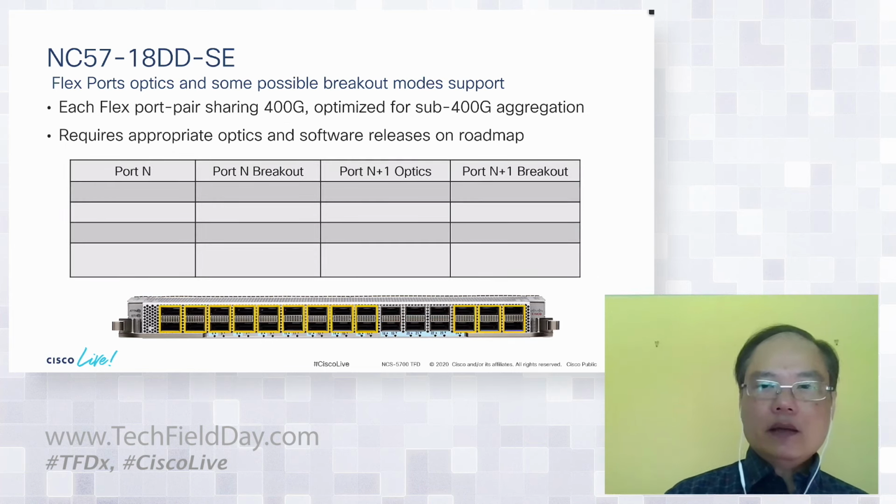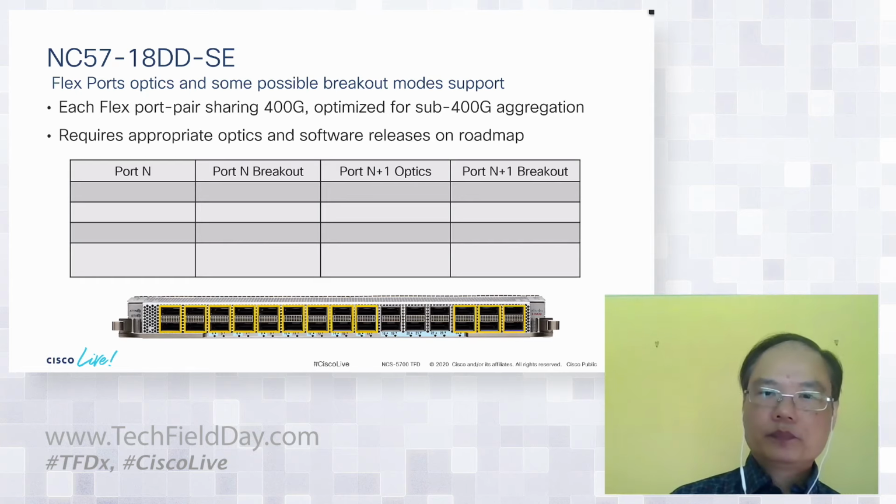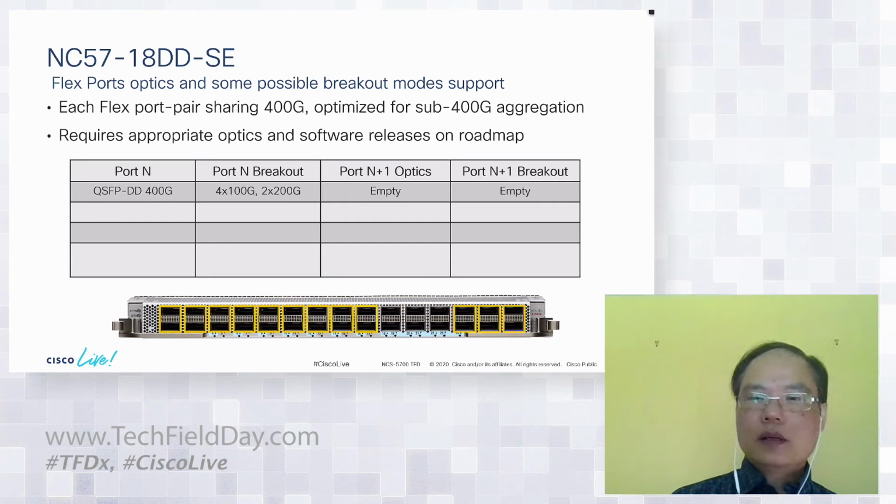There is a dependency on N and N+1 ports on the flex port pair. If port N is using QSFP-DD 400 gig optics, it can be broken out to 4x100, 2x200, but port N+1 must be empty because the 400 gig bandwidth has been used already.